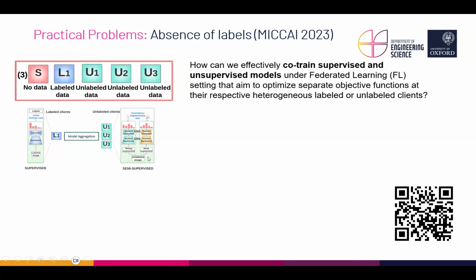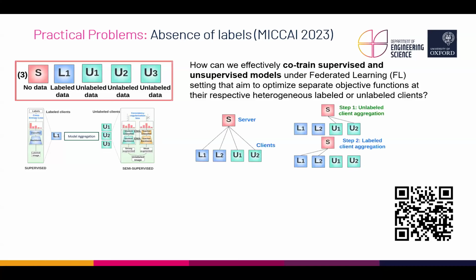As the models are trained with different loss functions in different clients, the models diverge away from each other, and that's the problem we are trying to tackle. We propose a relatively straightforward solution: aggregate the models coming from different clients based on the availability of labels.